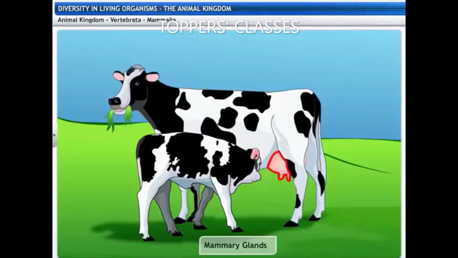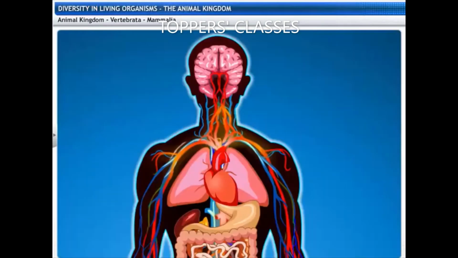Mammals have milk-producing glands called mammary glands to nourish their young ones. Mammals breathe through their lungs, and their hearts are four-chambered. Mammals give birth to young ones through different modes.